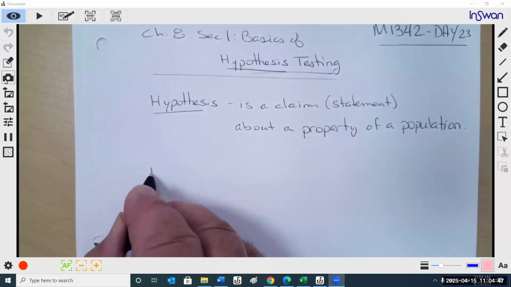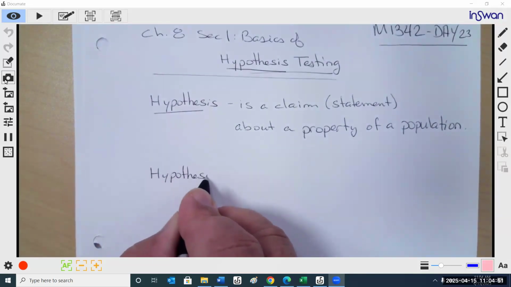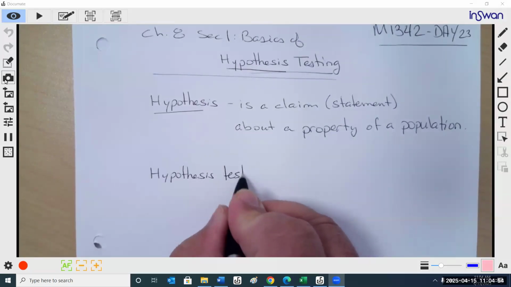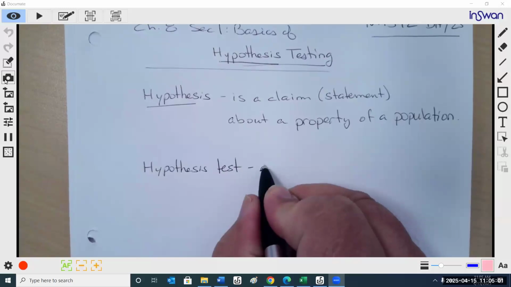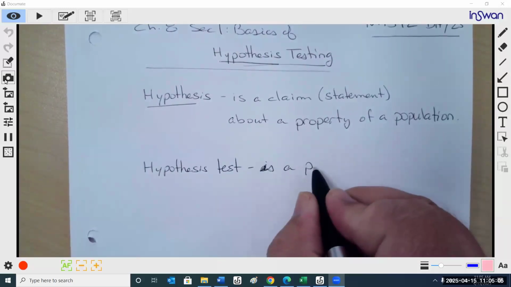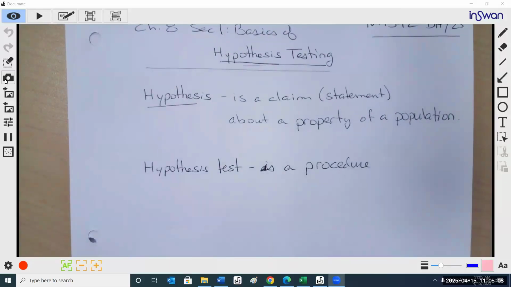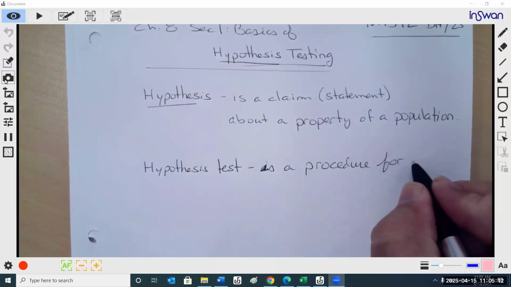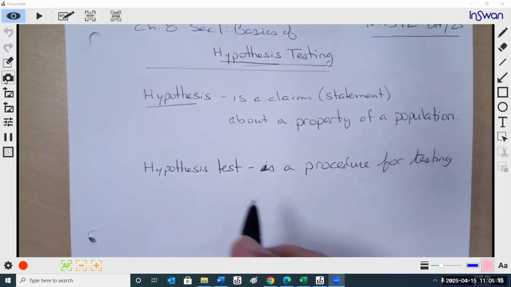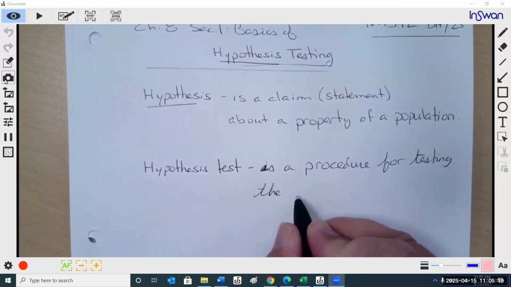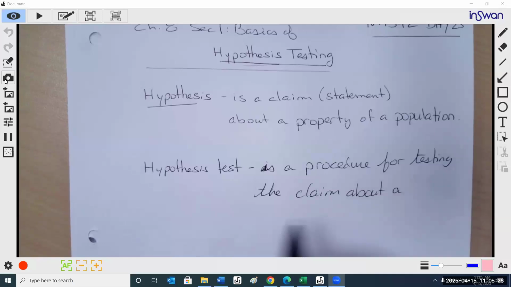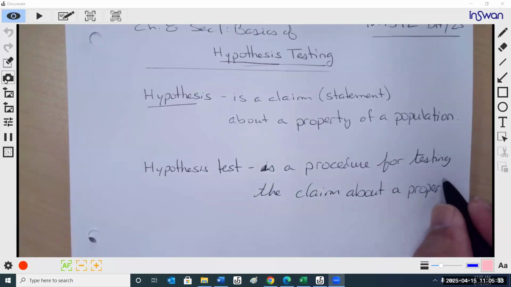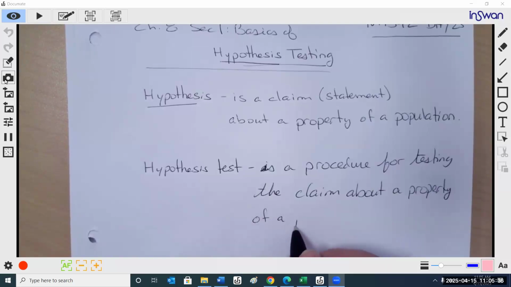Now, what is a hypothesis test? A hypothesis test is a process, a procedure for testing the claim about a property of a population.